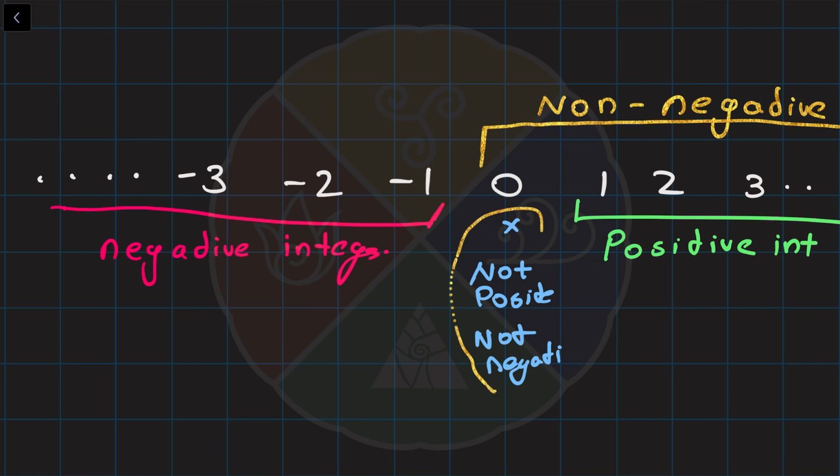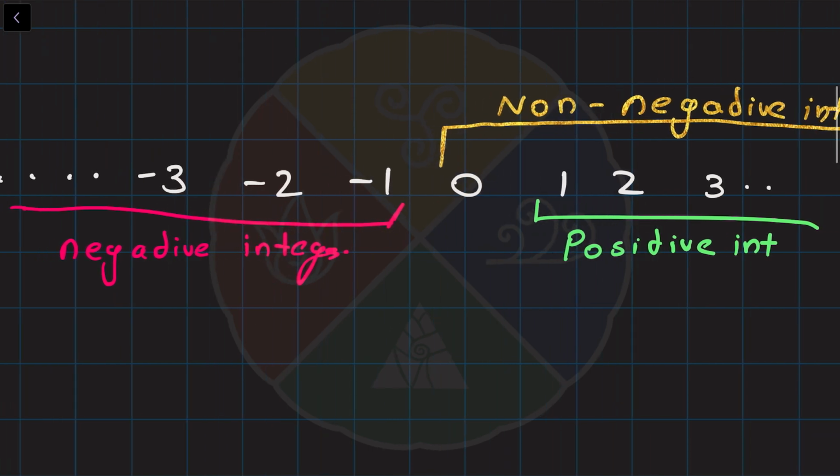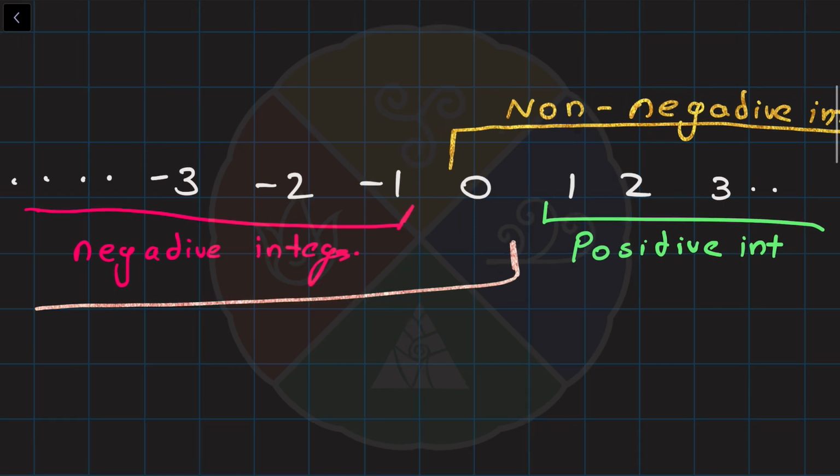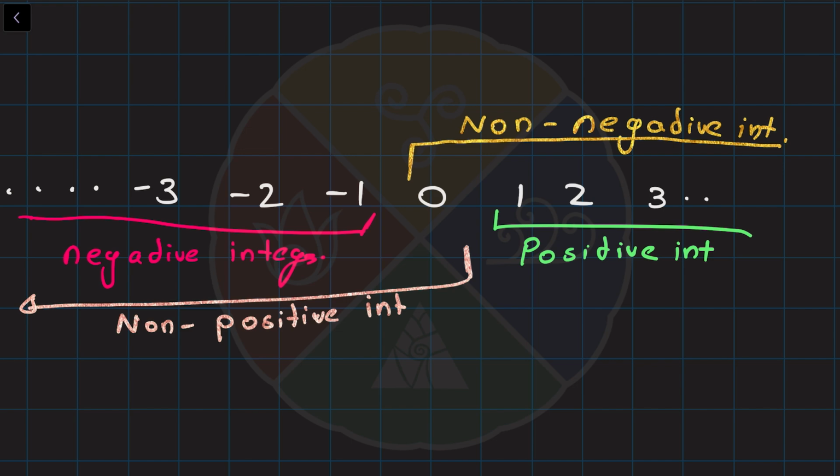Non-positive integers means it should not be positive. It can be 0, and it can be any number in the negative category. So these are non-positive integers. That's the entire category. So thank you.